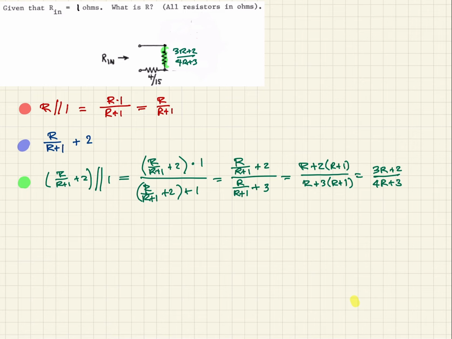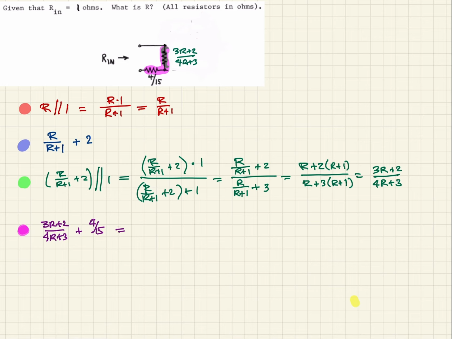All right, so now one last step to get us back to Rn. And to do that, we're going to see here that we have these two resistors that are just in series. And so that's simple enough. Then that'll be 3R plus 2 over 4R plus 3 plus 4/15. So that's the second resistor.